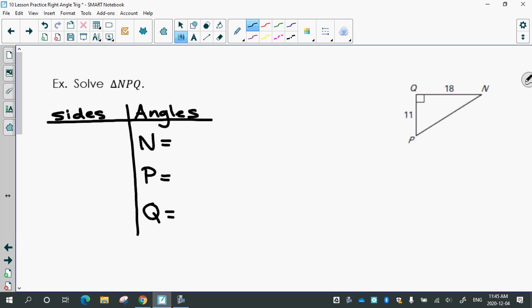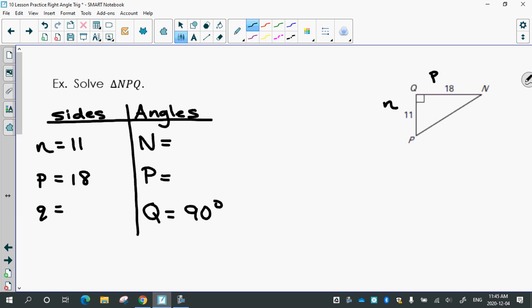So we only know Q is 90 degrees for the angles. And we know little p is 18. And we know little n is 11. And we don't know little q.